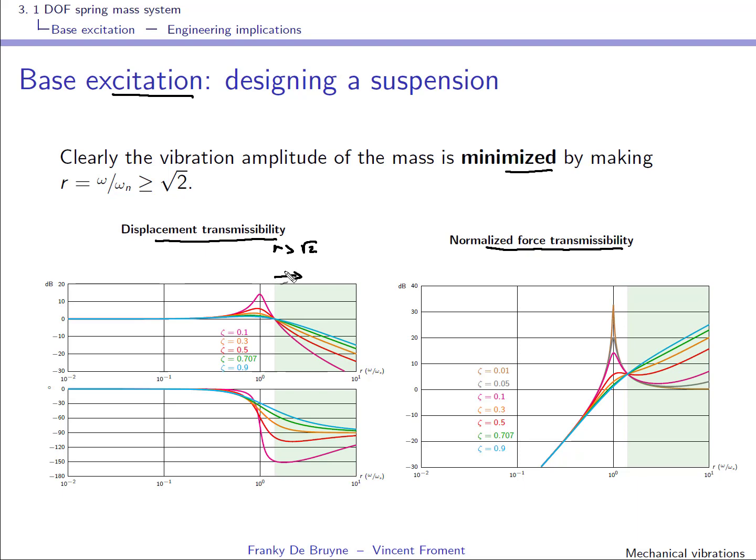The transmissibility is lower than 1, or negative when expressed in dB. You also see that the force transmissibility can be quite high, and that it's better to lightly dampen the system, because the force transmissibility has a tendency to decrease.